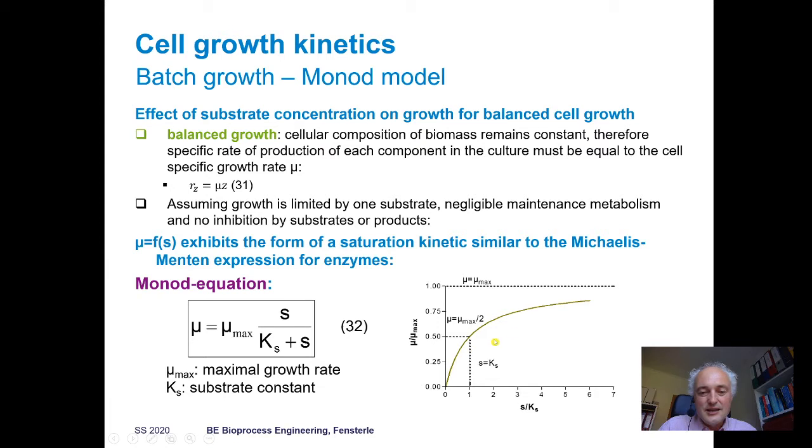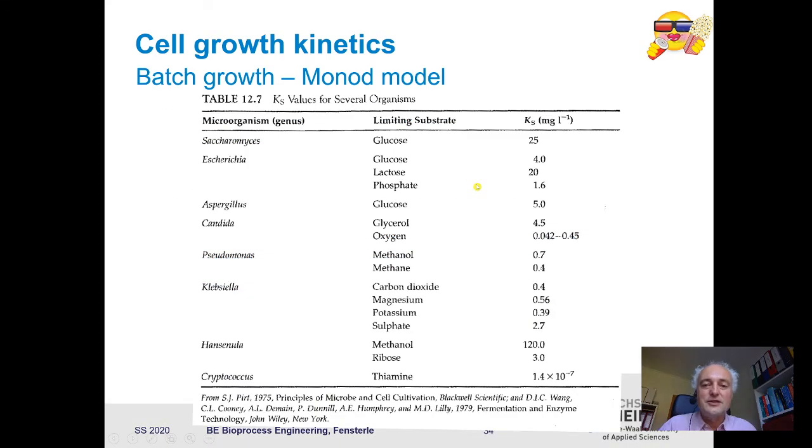You see that you will get this curve. And you also, of course, realize that if your S is in the range of 10-fold higher than your Ks, then you are practically at mu max. Now it of course depends on what is the dimension of these Ks values, and indeed the Ks values are very low.